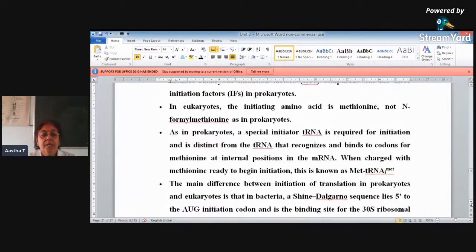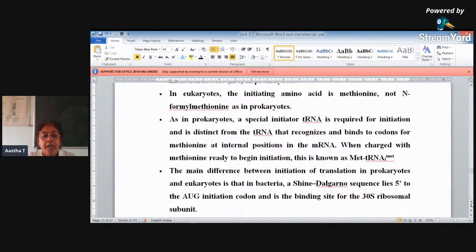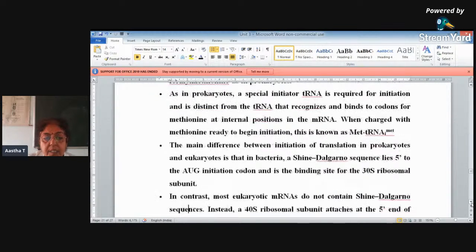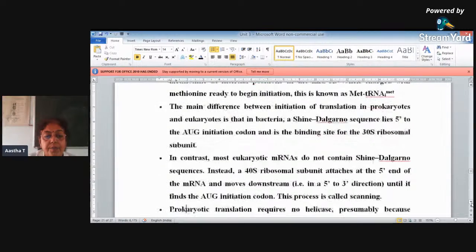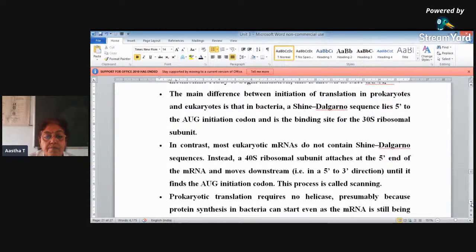Special tRNA is required for initiation in case of prokaryotes. Shine-Dalgarno sequence is present in prokaryotes. Kozak sequence is present in eukaryotes. Eukaryotic mRNA does not contain Shine-Dalgarno sequence.